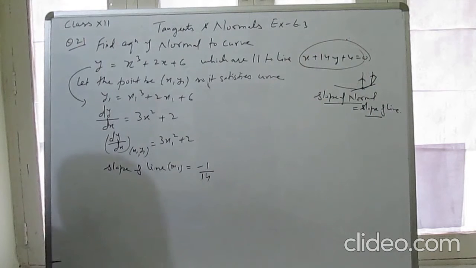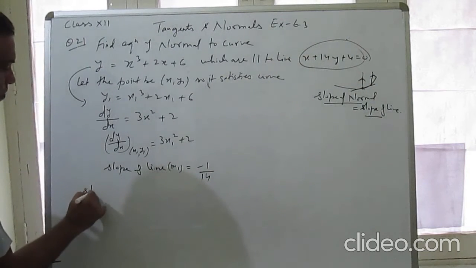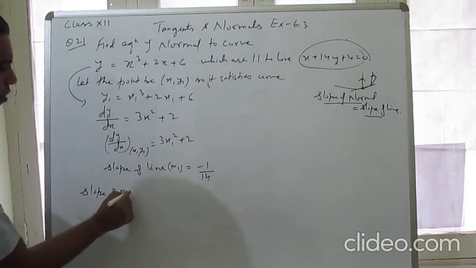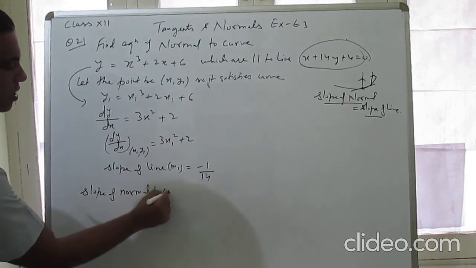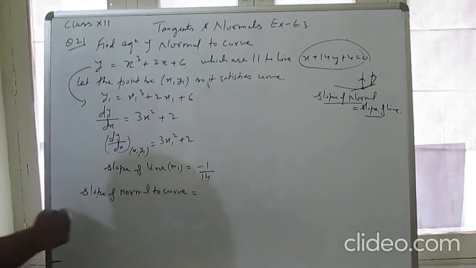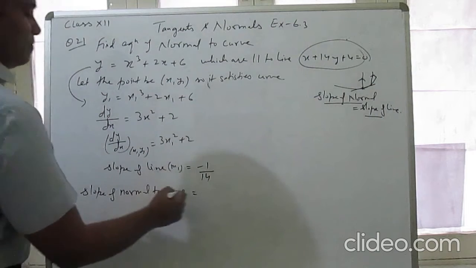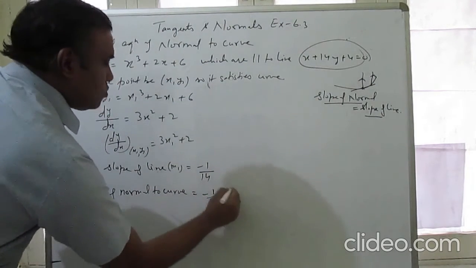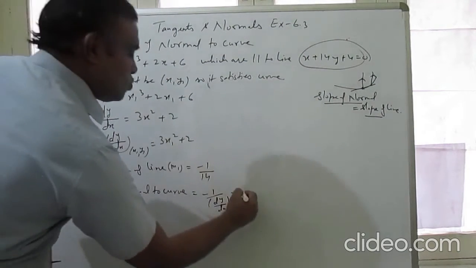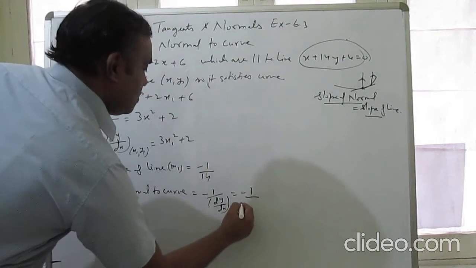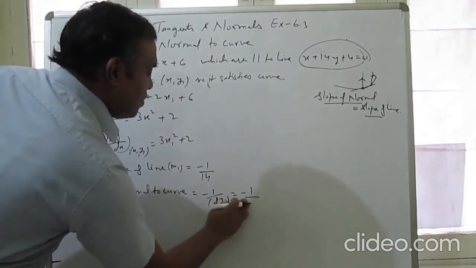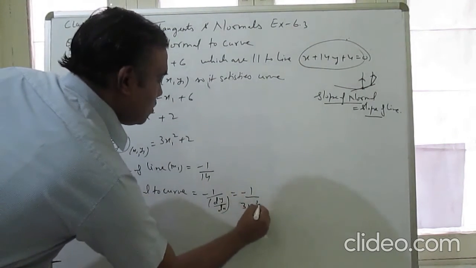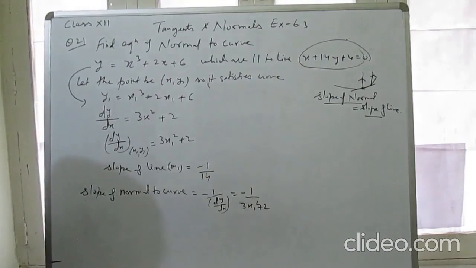And what is given to you? The slope of the normal to the curve. The slope of the normal to the curve is equal to minus 1 upon dy by dx. So dy by dx is 3x1 square plus 2, so it is minus 1 upon 3x1 square plus 2.